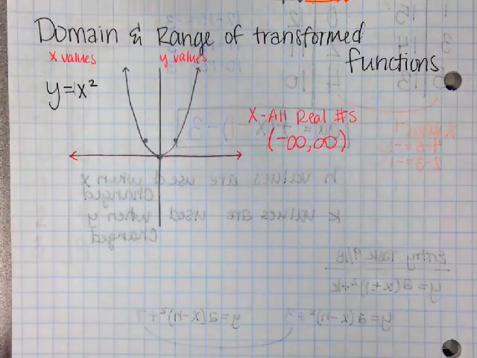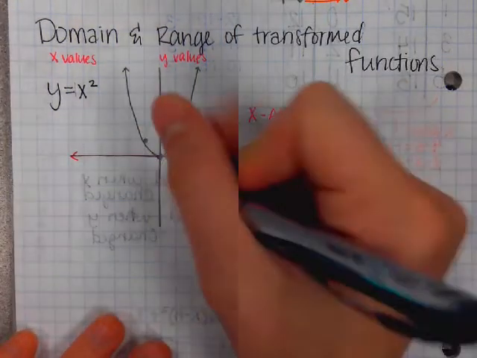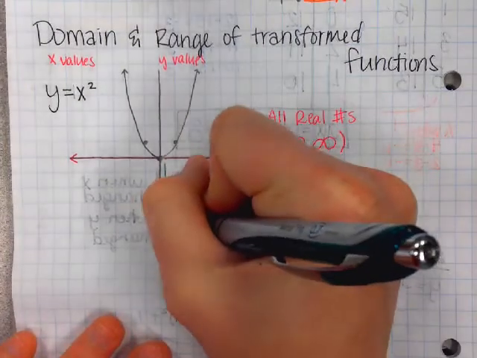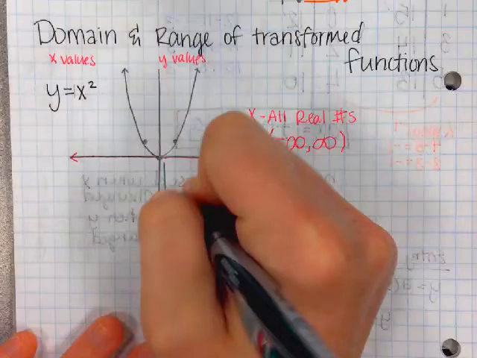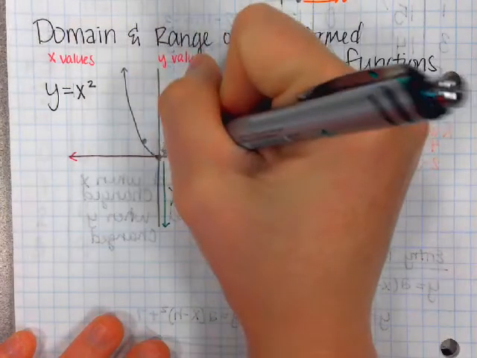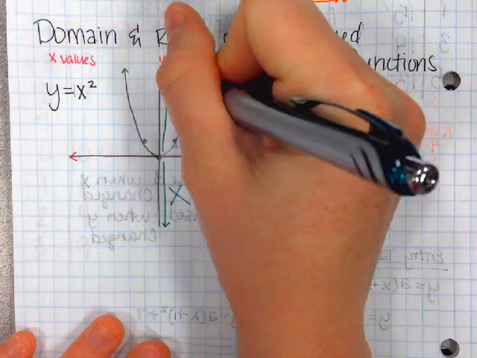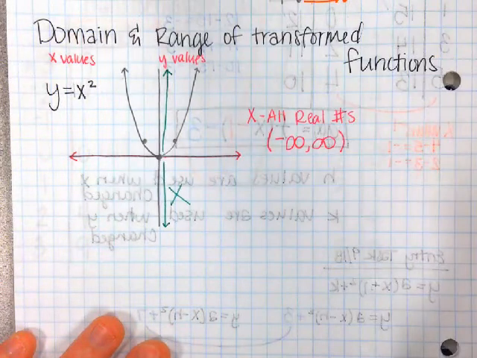Okay, so now let's look at the y values. If you look at the y values, there are definitely not any values below 0, but there are definitely values above 0 and they go all the way to infinity.